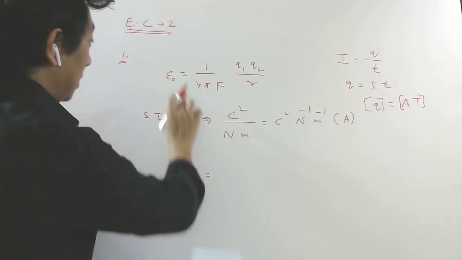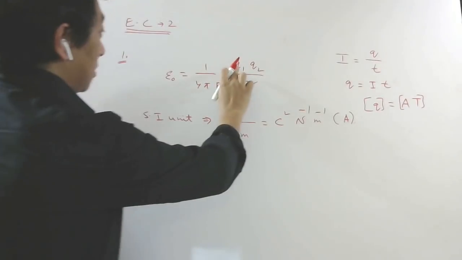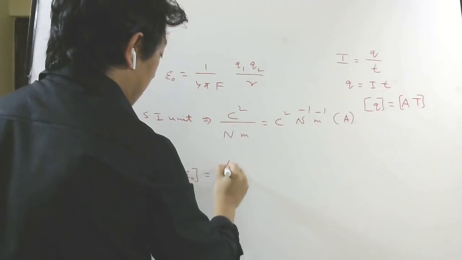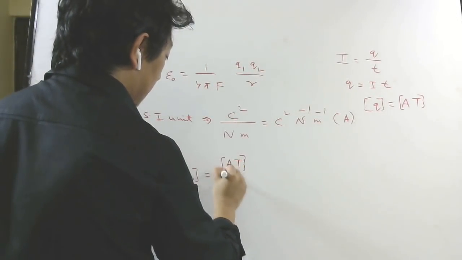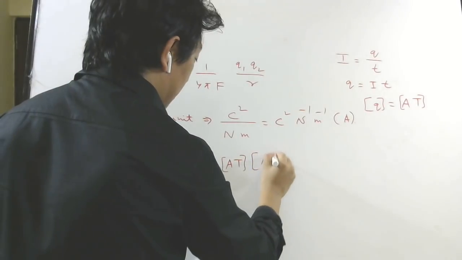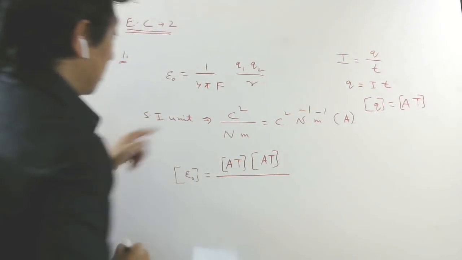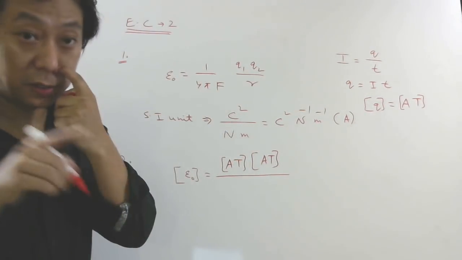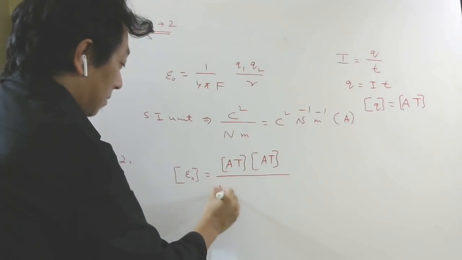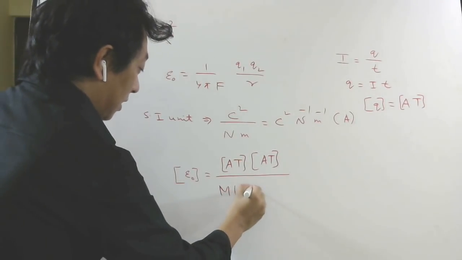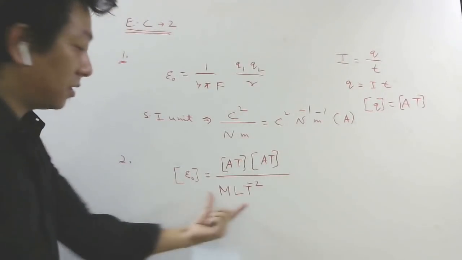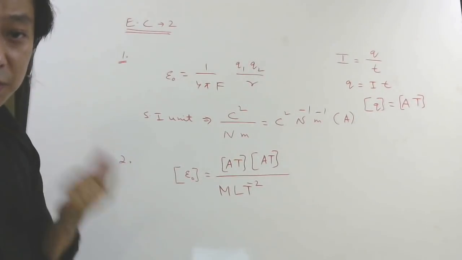So here we need the dimension of epsilon naught. So this is charge. So it will be AT, right? Okay. Now this is force. Force is mass into acceleration. So mass is M, acceleration we write L T minus 2. These are all first PU concepts. Okay, so please revise.